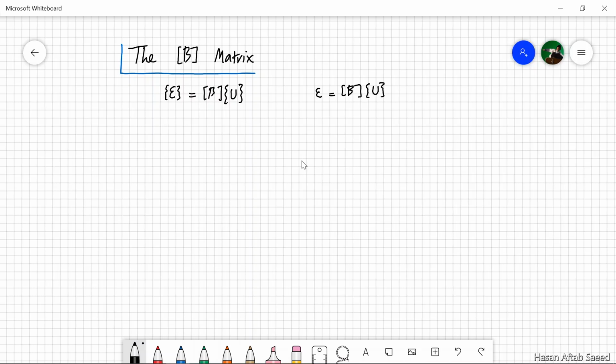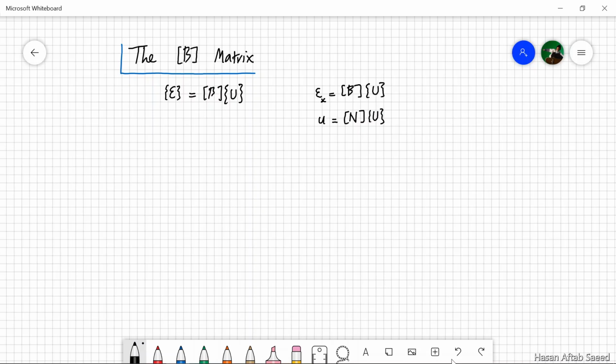Now, this epsilon is just a number. We are only concerned with epsilon x. This is the only significant strain component. Now, recall that for 1D problem, the displacement is also just a number, not a vector, because we just have one component of displacement u.